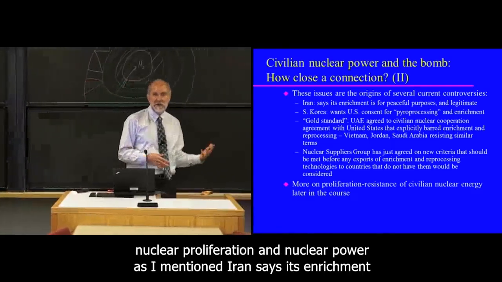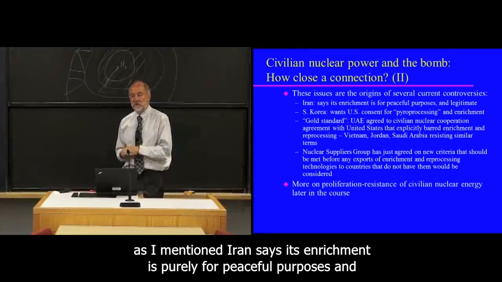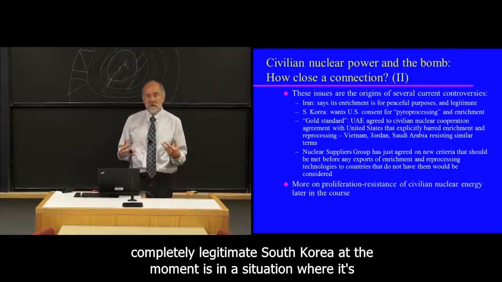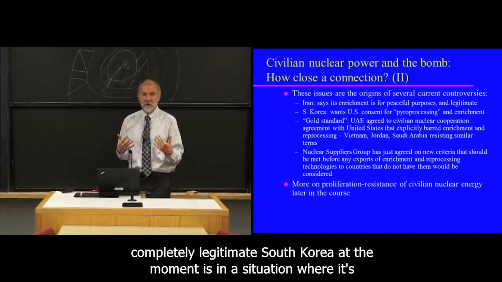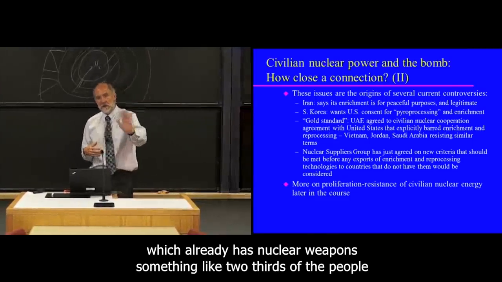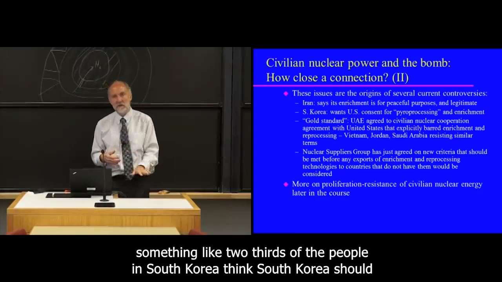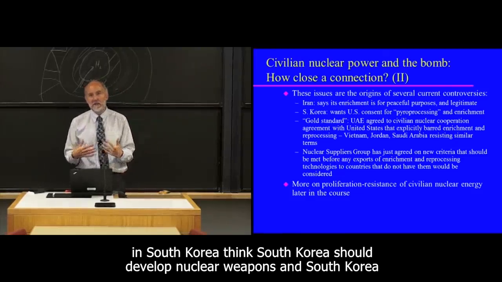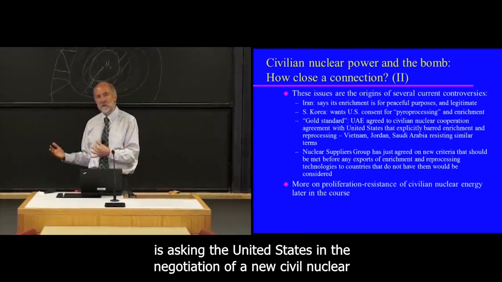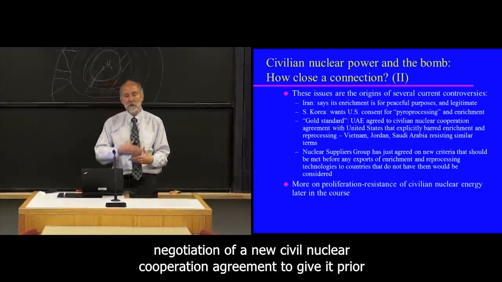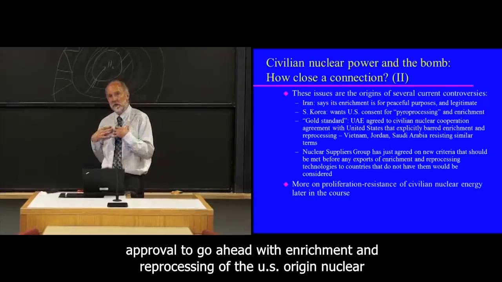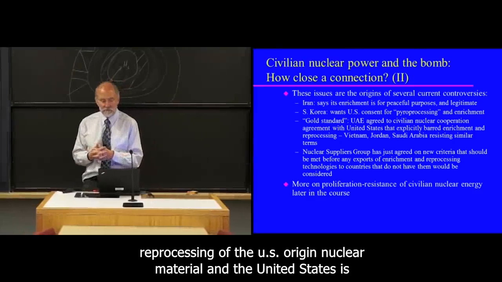As I mentioned, Iran says its enrichment is purely for peaceful purposes and completely legitimate. South Korea, at the moment, is in a situation where it's right across the border from North Korea, which already has nuclear weapons. Something like 2/3 of the people in South Korea think South Korea should develop nuclear weapons. And South Korea is asking the United States, in the negotiation of a new civil nuclear cooperation agreement, to give it prior approval to go ahead with enrichment and reprocessing of U.S. origin nuclear material.